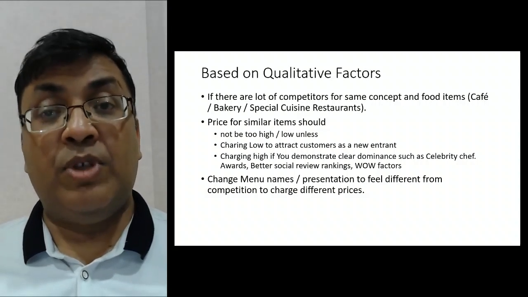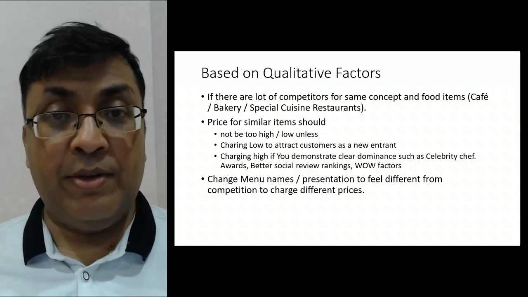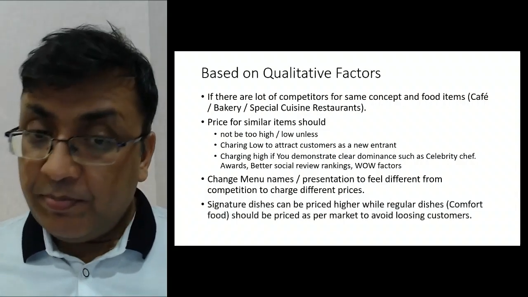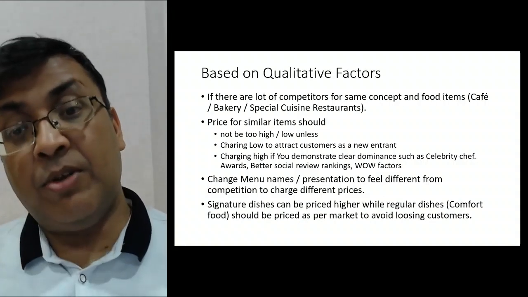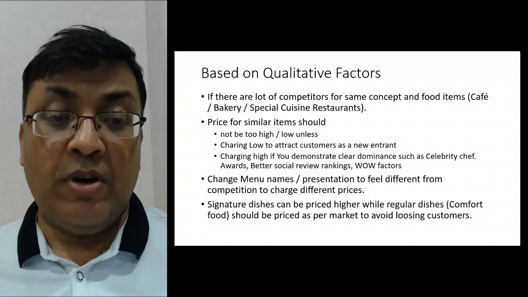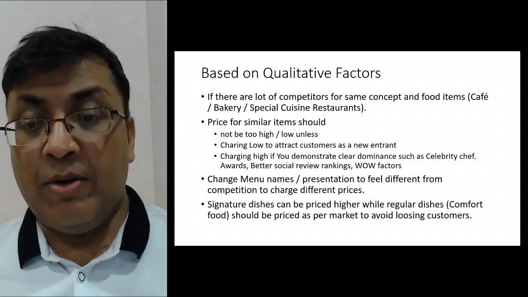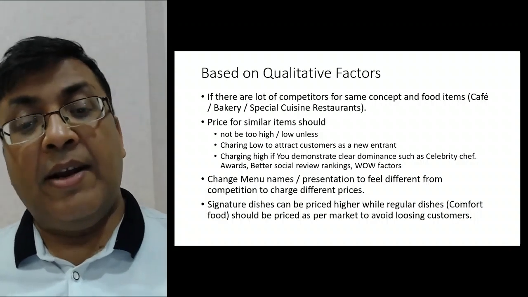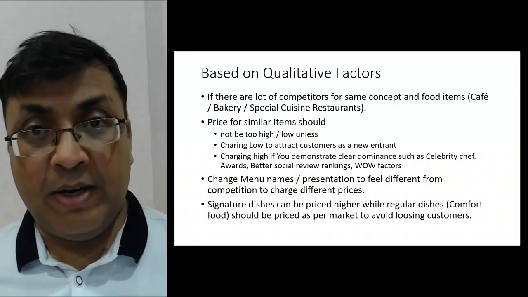Then you will be able to charge higher prices to display a kind of quality in your restaurant. Open kitchens will give another experience. Depending on the ambience of the restaurant also, you will be able to charge slightly higher prices compared to your competitors. Signature dishes can be priced higher compared to comfort dishes, and comfort dishes should be priced at par with the market to avoid losing customers.